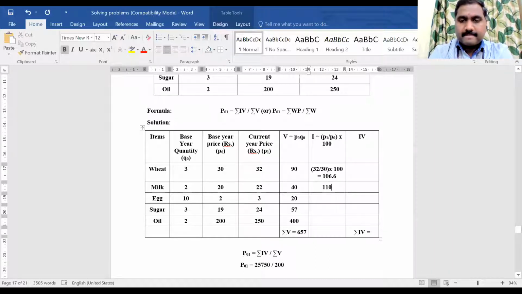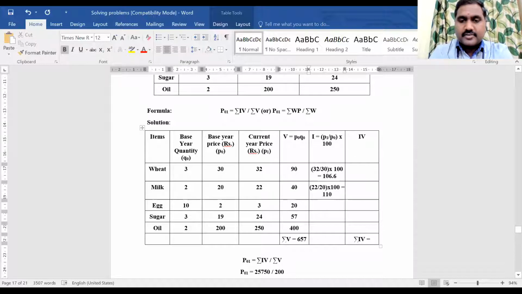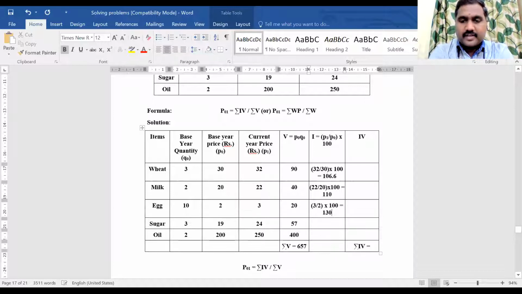Okay. I'll write that explanation, otherwise some people will not understand. Okay, next one is P1 is 3 divided by 2 into 100. What is the value? 150.